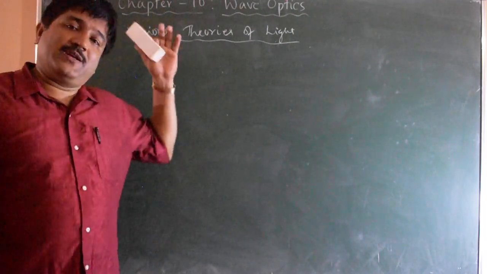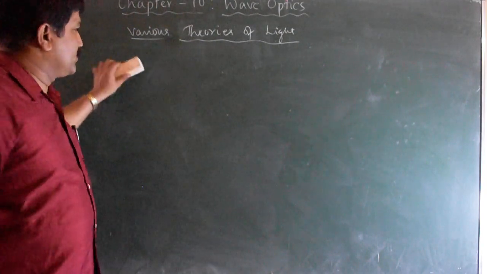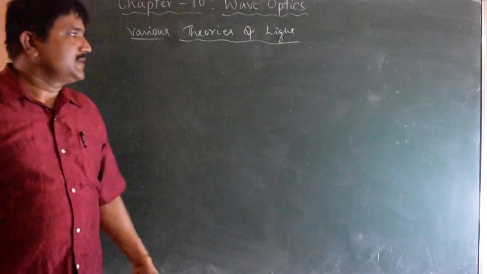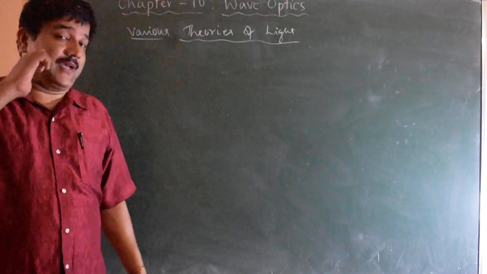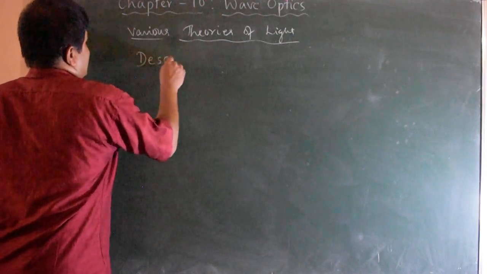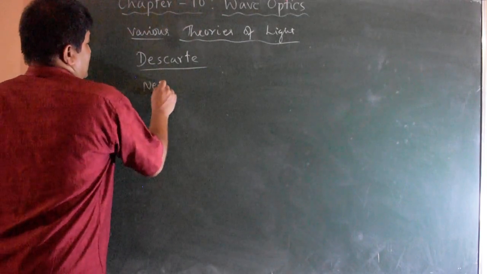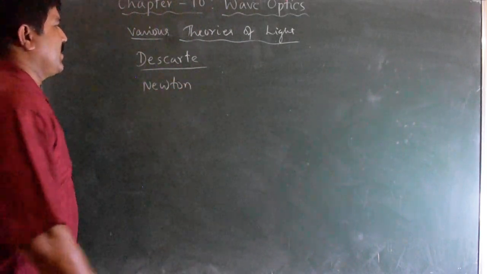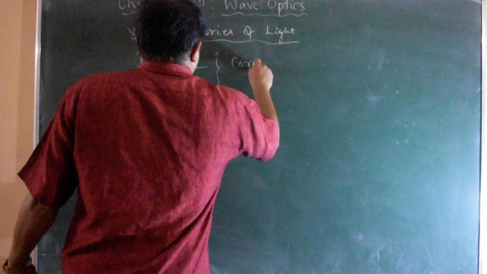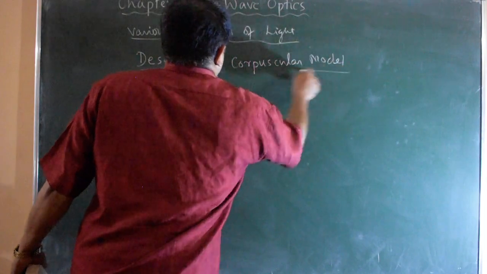But long ago, the pioneers who did a lot of experiments in optics tried to explain the nature of light. Firstly Descartes, and later Newton modified a theory called the corpuscular model of light, or corpuscular theory.